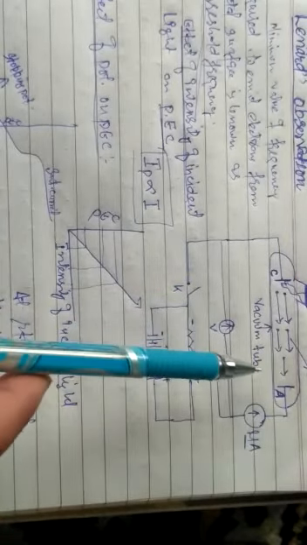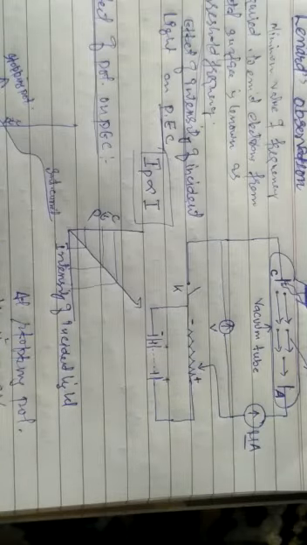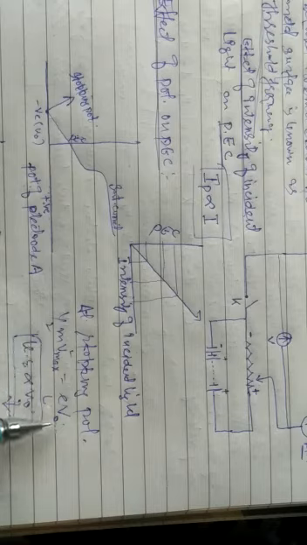This stage is called that there is no photoelectric current, and that very potential of plate A is called the stopping potential. Stopping potential is the potential at which there is no photoelectric current. At that very time, we have 1 by 2 mv max square, the maximum kinetic energy, equal to e into V naught, the stopping potential.